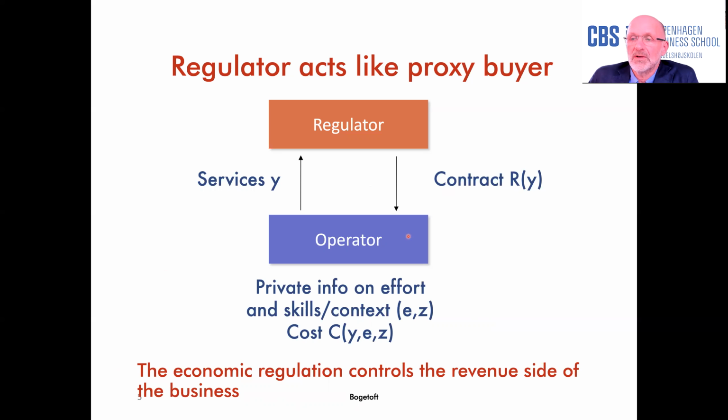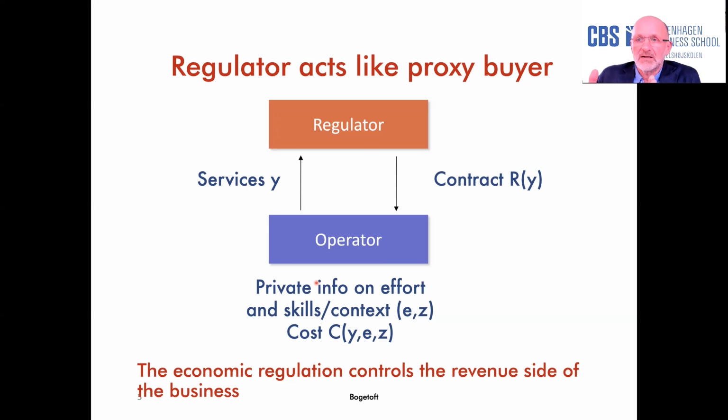The problem for the regulator is that he doesn't really know the cost structure of the operator, and he doesn't really know how much effort the operator put into operating efficiently, or maybe he doesn't really know how skillful the operator is. So there's this asymmetric information, which is really the core of the economic problem.